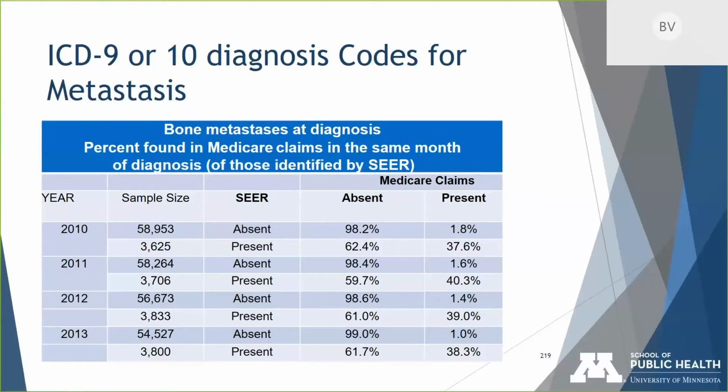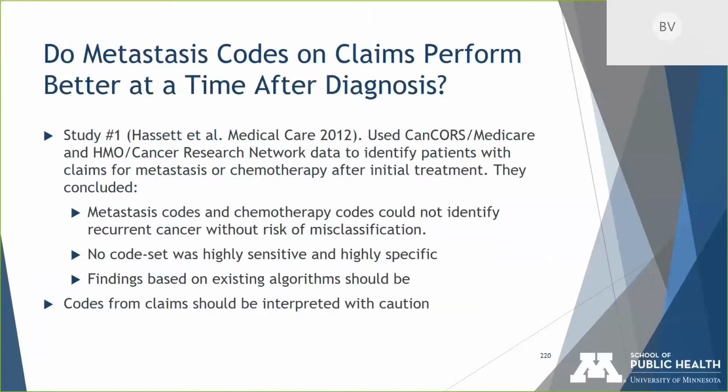Again, that 2% is something that you can be uncomfortable with, but you have to make a choice based on your own research study whether or not you want to believe that the Medicare claims are correct in saying that they have a metastasis. You may choose to say, I'm not really sure what's going on. You can just make your own decision, but sometimes we do see things that don't match up.